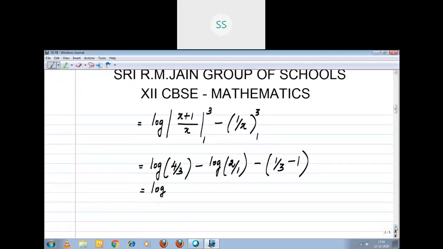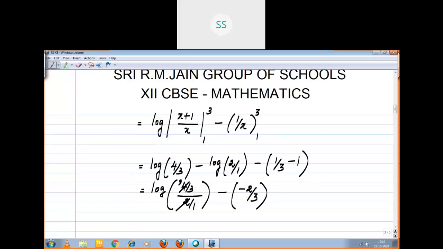So how will you write? 4 by 3 divided by 2 by 1, minus, 1 by 3 minus 1, that is minus 2 by 3.